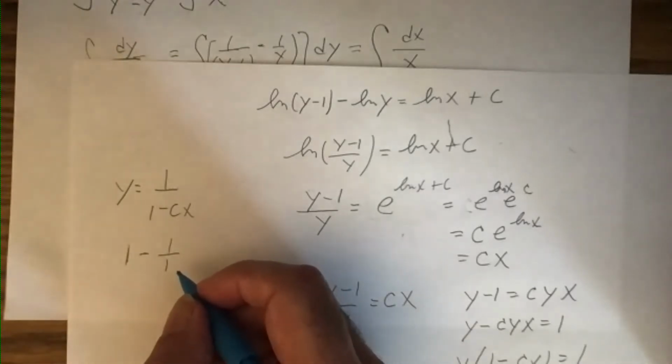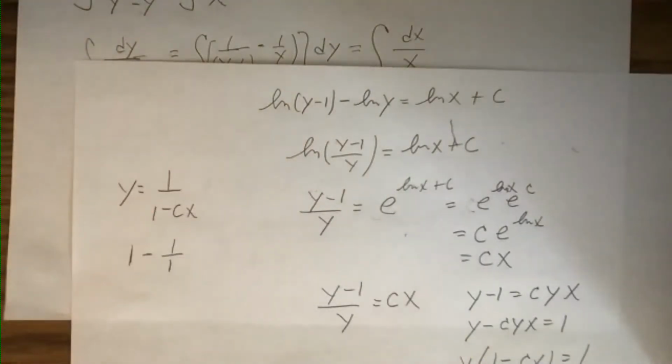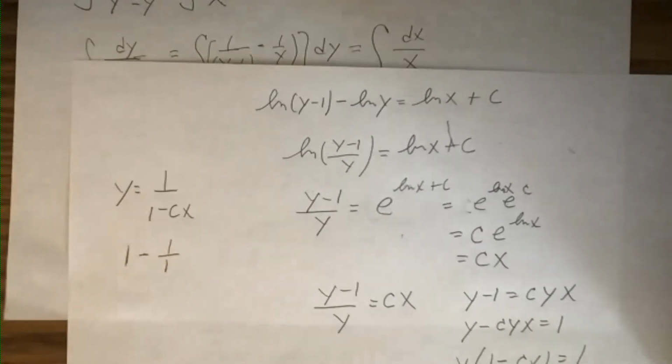Does that make any sense? Okay, I got the general solution, so if y is equal to 1, let's take a look at something here. Was that the initial condition that I wanted to give you?